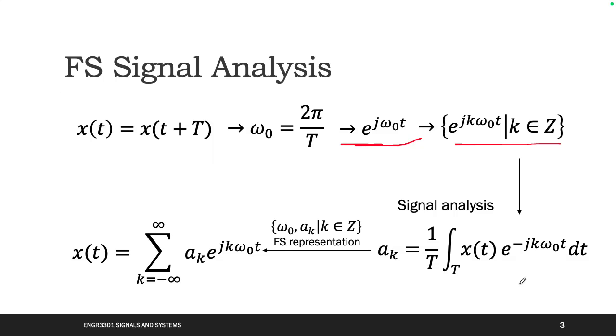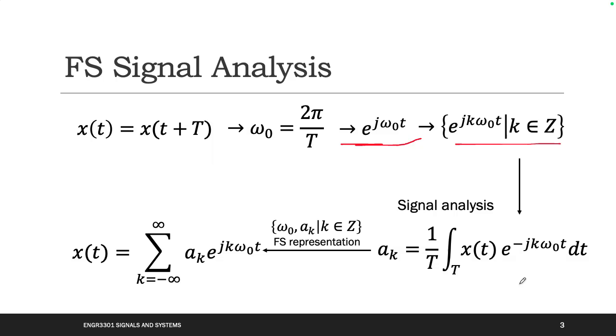For example, we represent a signal like a t squared plus b t plus c. This is another kind of system and signal. You will see that this signal always changes with time.